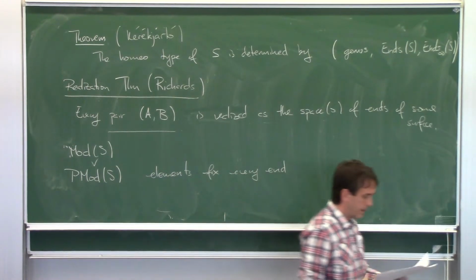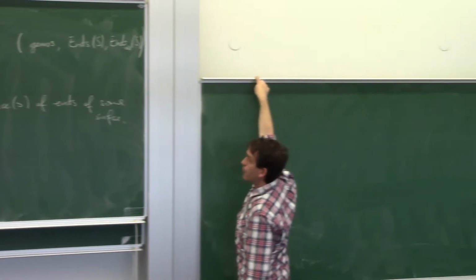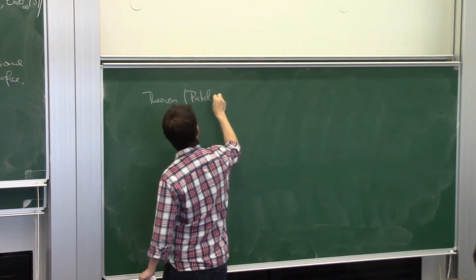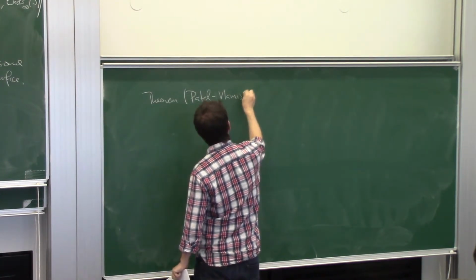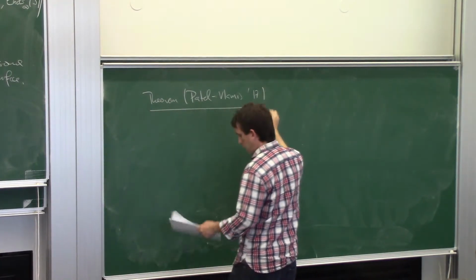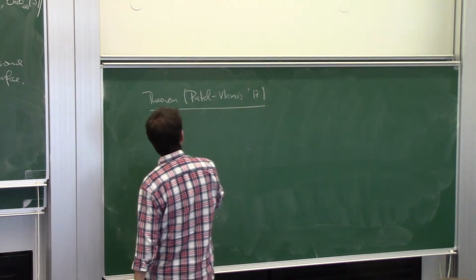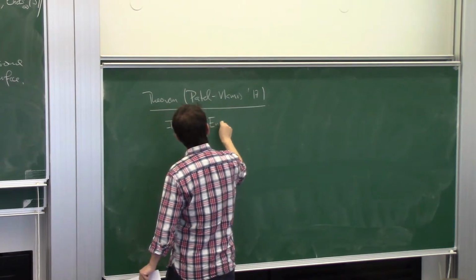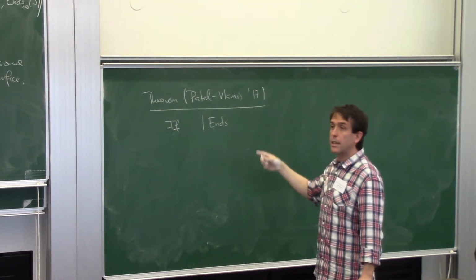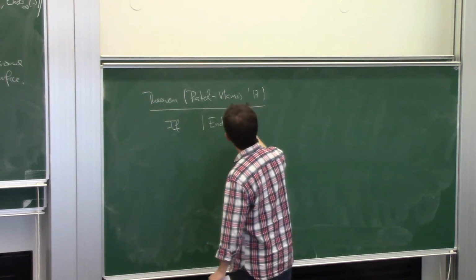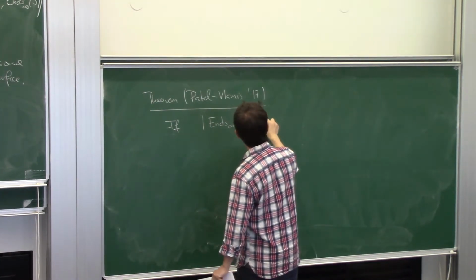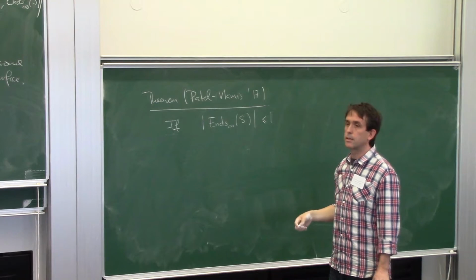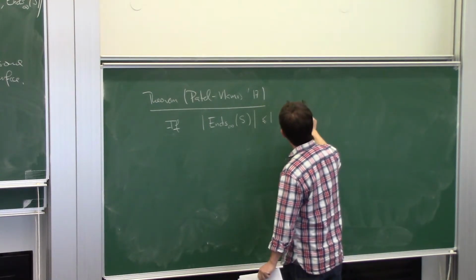So let's see. It's a theorem of my two co-authors, a previous theorem of them, Patel and Vlamis, from last year, which says that if the surface has at most one end accumulated by genus, then the pure mapping class group is topologically generated by Dehn twists.